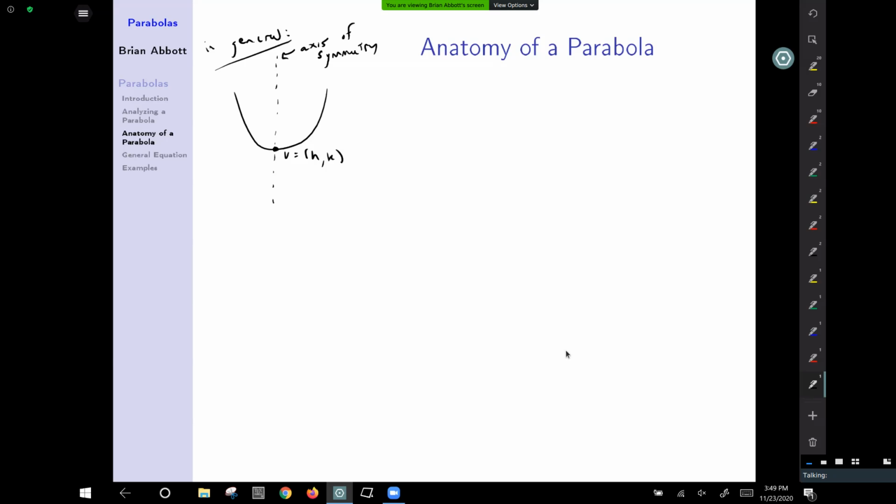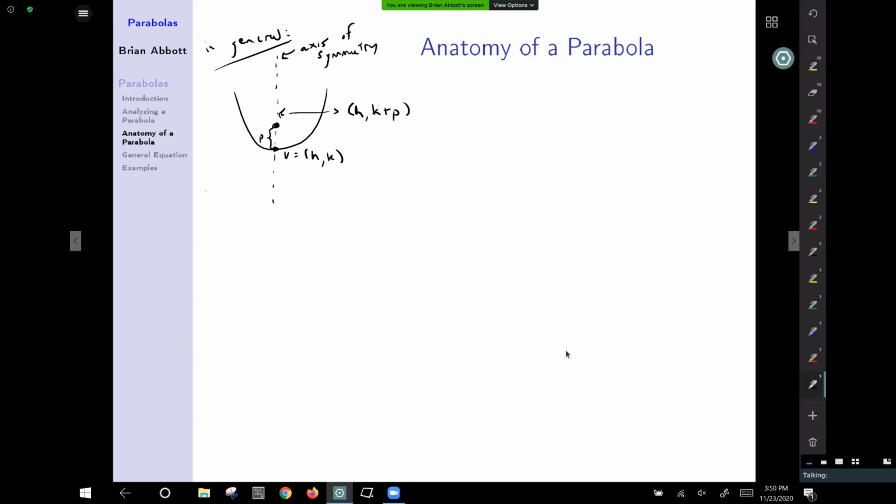And we're going to have a focus on that axis of symmetry, and that focus is going to be this distance p. So the focus actually has coordinates, and I'm going to run out of room here, so I'll write it over here. The focus has the same x coordinate as the vertex, so h, but the y coordinate changes. The y coordinate goes up, so you have k plus p.